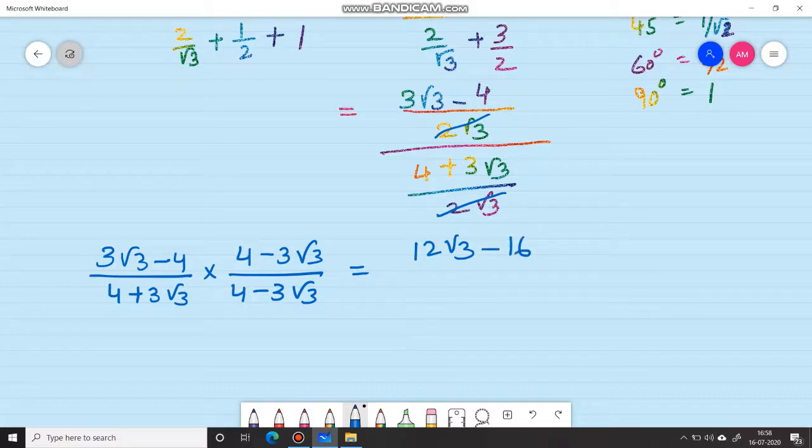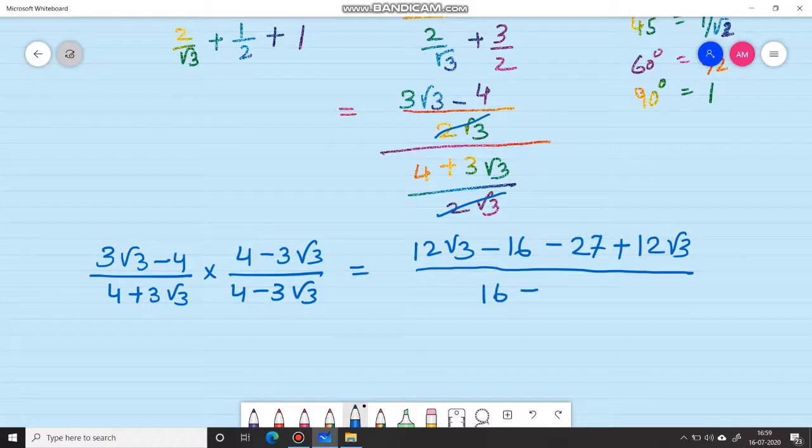Then minus 3 root 3 into 3 root 3. That will give you minus 9 3s are 27. Then plus 4 3s are 12 and this will give you 12 root 3. Now divided by 4 plus 3 root 3 into 4 minus 3 root 3. 16 minus, now 3 root 3 into 3 root 3, you are left with 27.